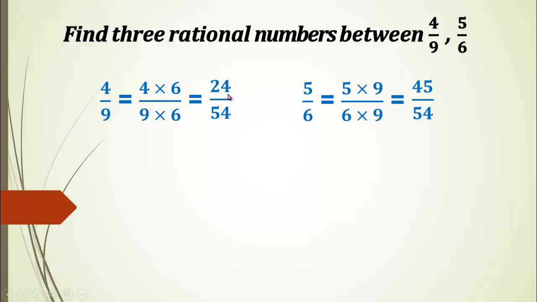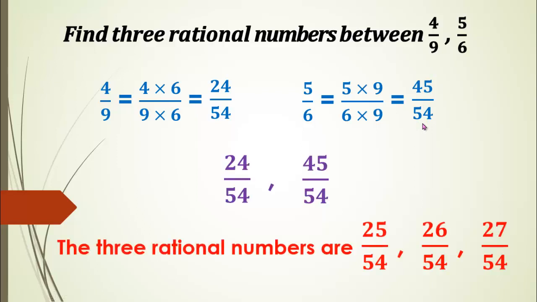What are the numbers included between 24 over 54 and 45 over 54? I will look at what are the numbers included between 24 and 45 and put them on the denominator of 54. So I can say that those three rational numbers are 25 over 54, 26 over 54, and 27 over 54.